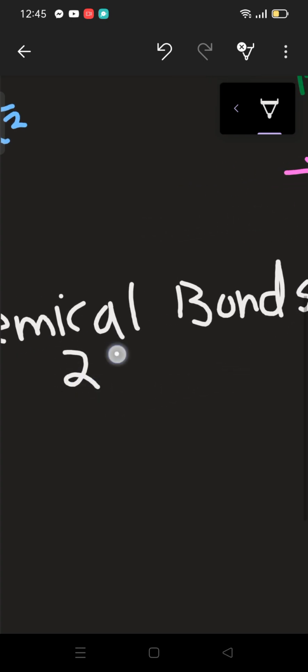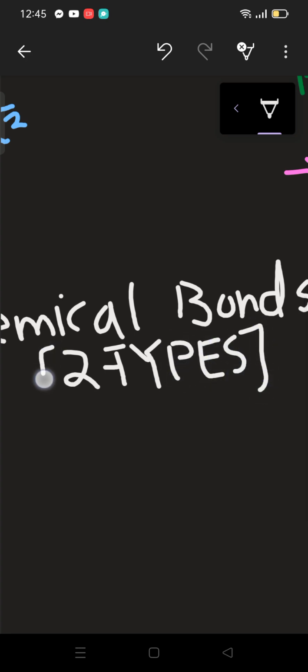Chemical bonds are basically of two types.